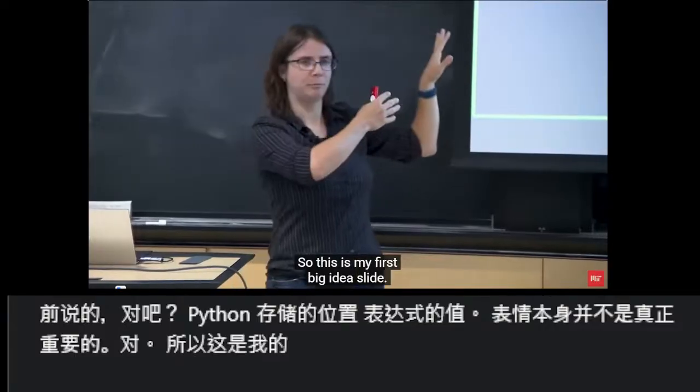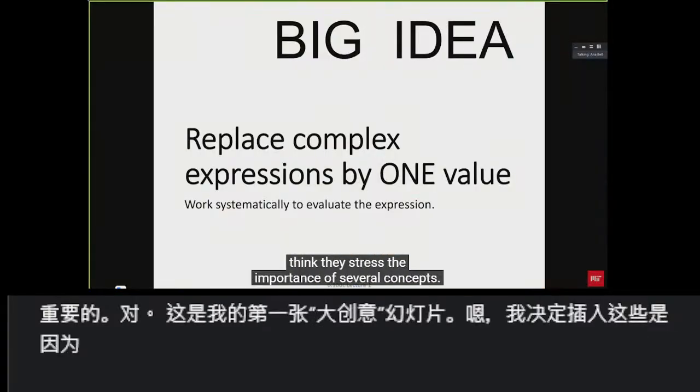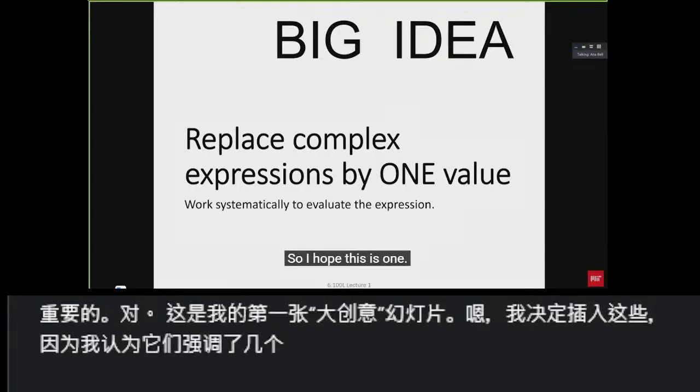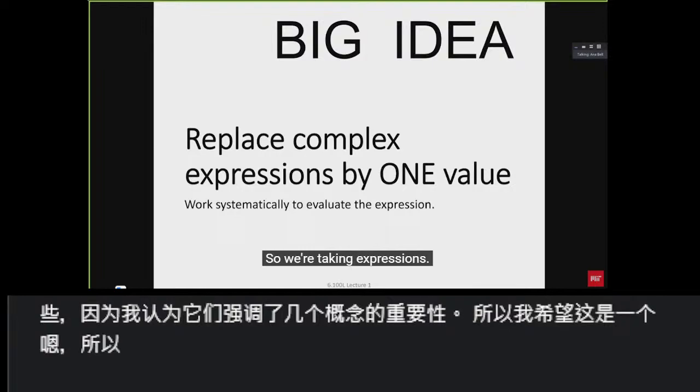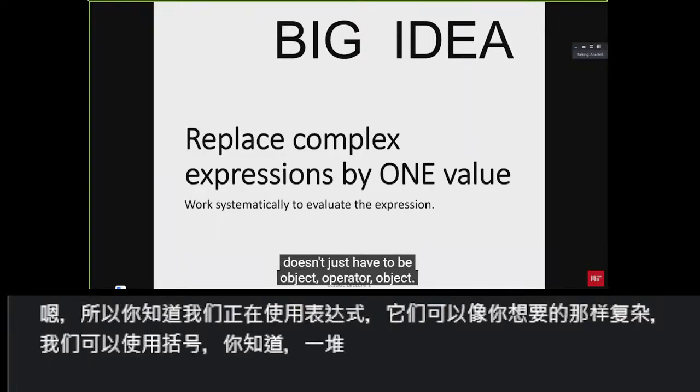So this is my first big idea slide. I decided to insert these because I think they stress the importance of several concepts. So I hope this is one. We're taking expressions. They can be as complex as you'd like. We can use parentheses, and it doesn't just have to be object, operator, object, operator, object. It can be more complex than that.